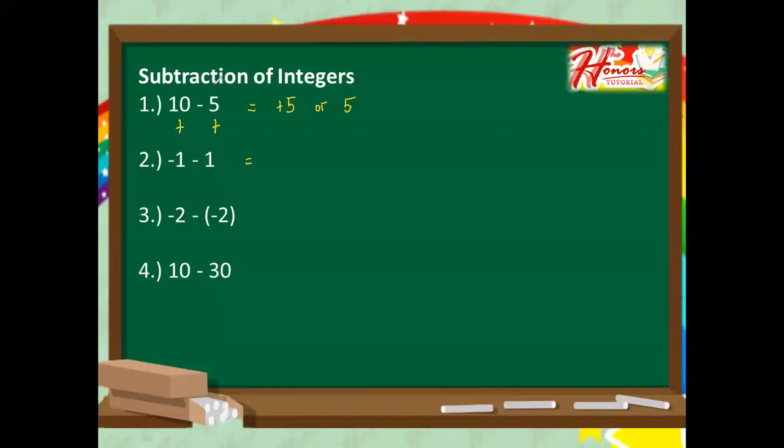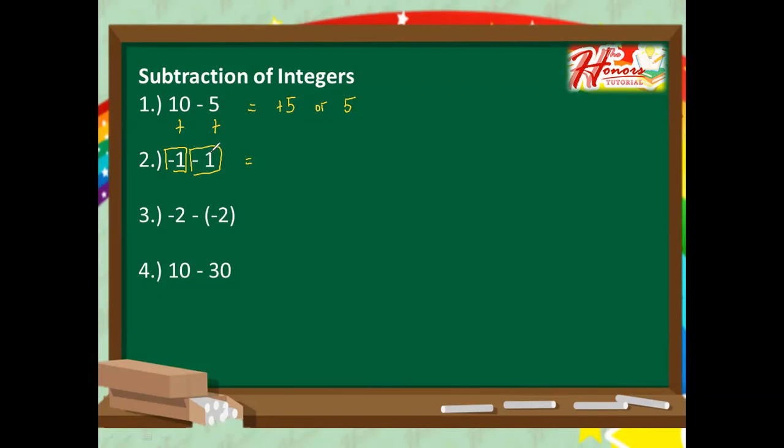So this is what you are going to do. So you have here negative 1 minus 1. So please treat it as separate numbers. So we have here negative 1 minus 1. As you can see here, we have both negative numbers. When I box it, you can now clearly see that we have two negative numbers.